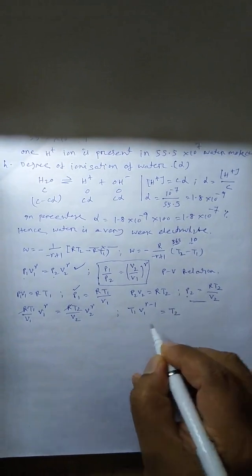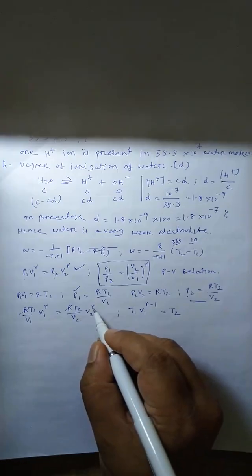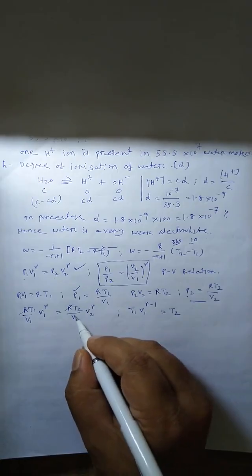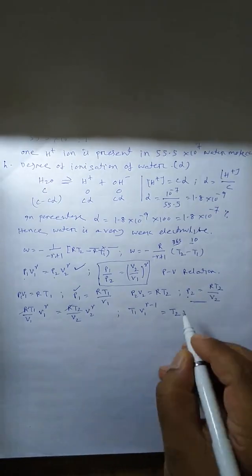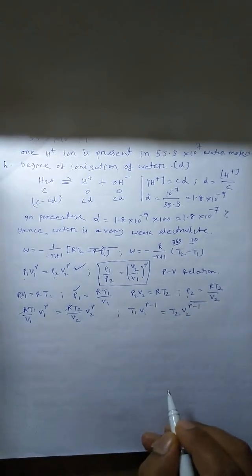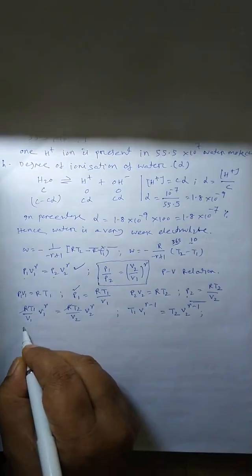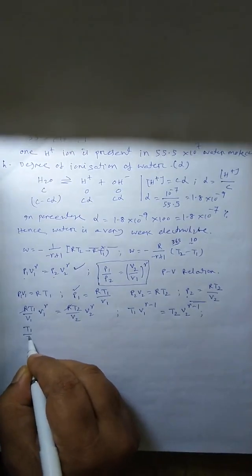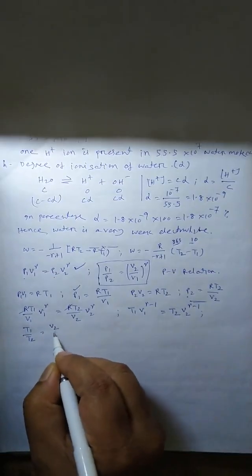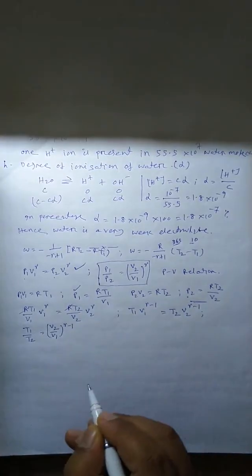The same thing happens here: T2 with V2 to the power 1 and V2 to the power gamma, so the base is same and it becomes V2 to the power gamma minus 1. Then we can write T1 by T2, taking this one to this side, is equal to V2 by V1 to the power gamma minus 1.